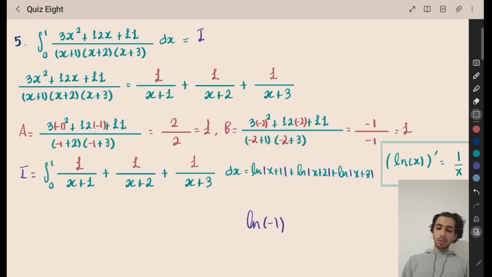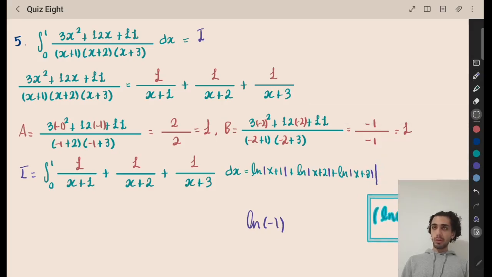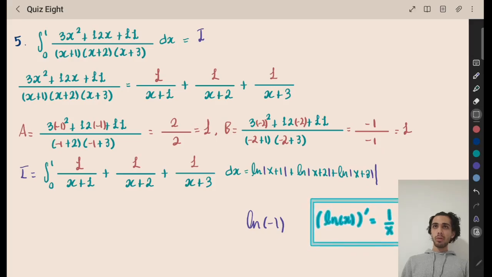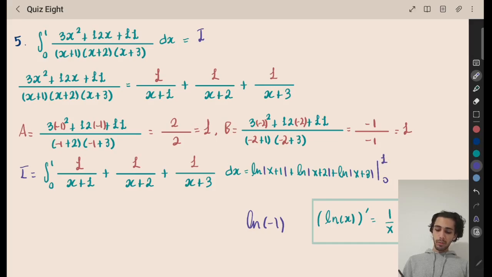Because otherwise it's not really defined. Now, please do not forget to include the boundaries of integration. I hope you see why we use the absolute value.